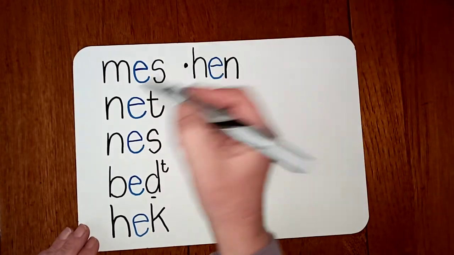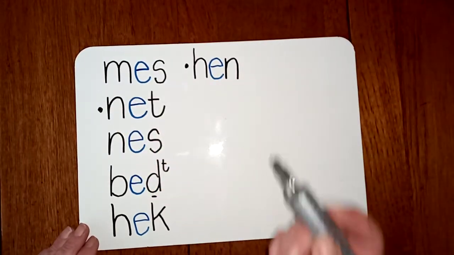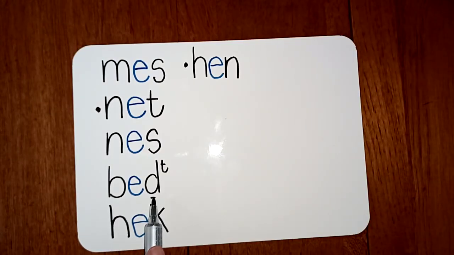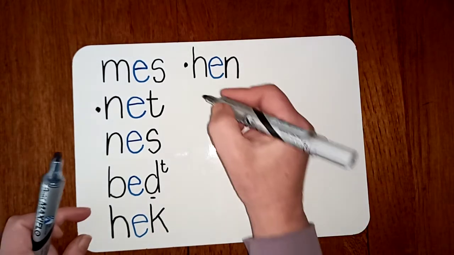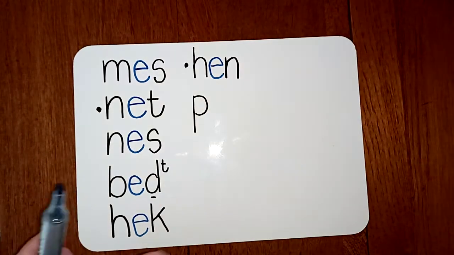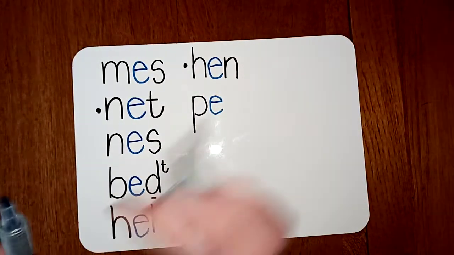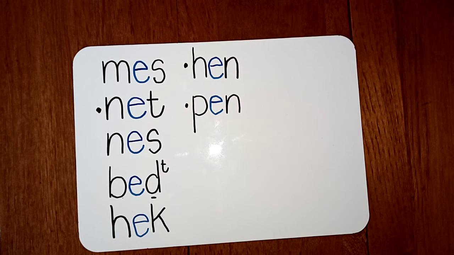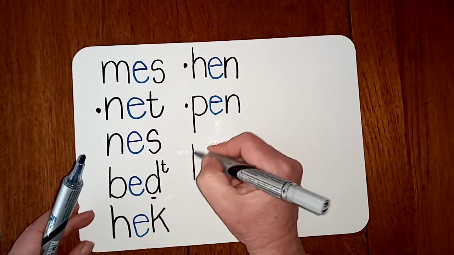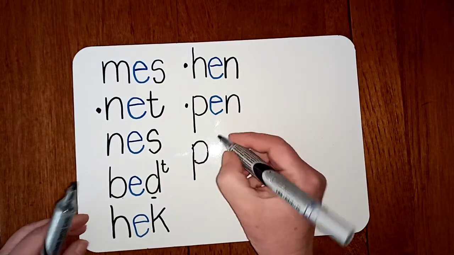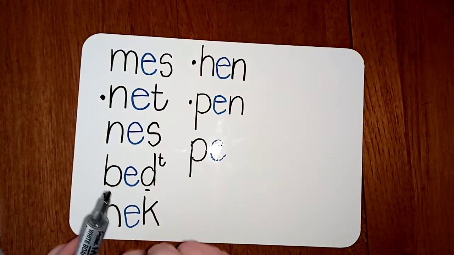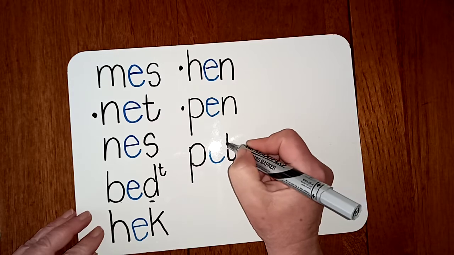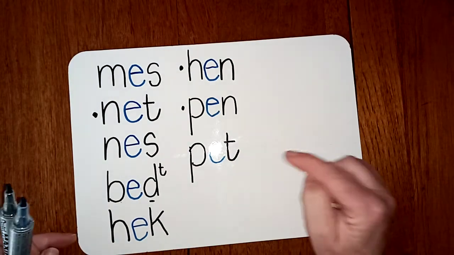So hen, net is the same as English, and we could say bed too, but we don't say it as bed. We say bet, so I'm not going to put a dot there. Then we had pen. Right, that's also the same as English. And the last one was pet. And if it was our pet kitten or our pet dog, then it could be the same, but it's not. Can you remember what pet is? That's right, it's a cap.